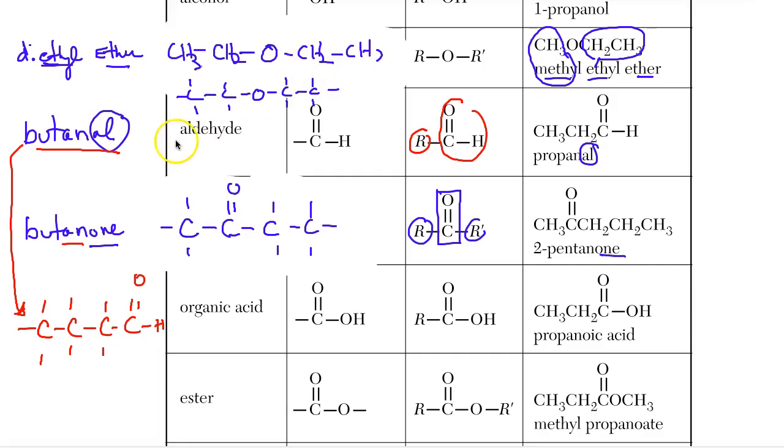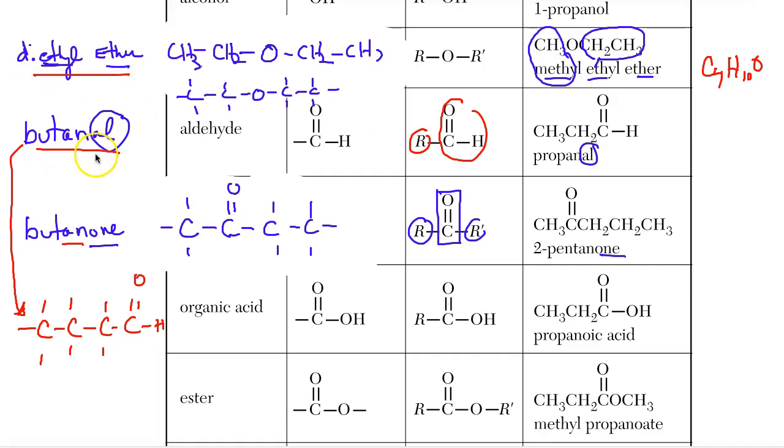Bottom line is, there's that compound. So what do I know? Well, if I count, I have 1, 2, 3, 4 carbons. I have 1 oxygen. And how many H's? 1, 2, 3, 4, 5, 6, 7, 8, 9, 10. So there's 10 H's, and I have an O for this diethyl ether.